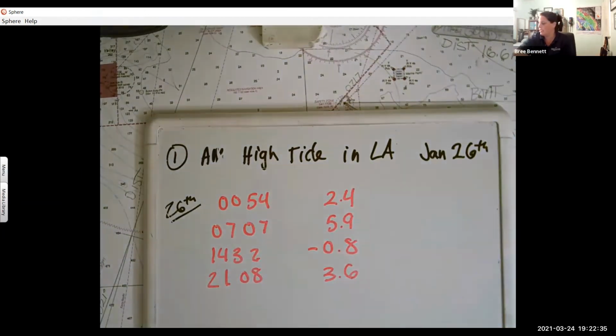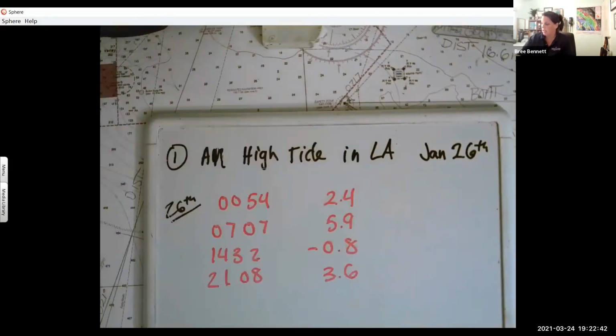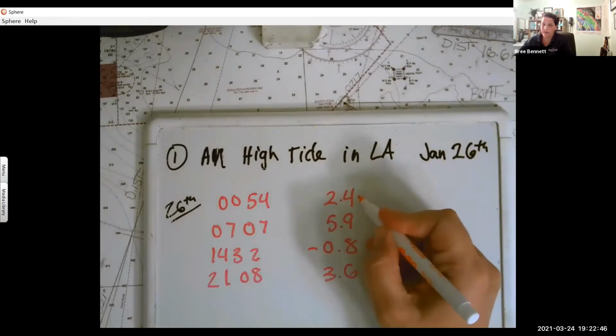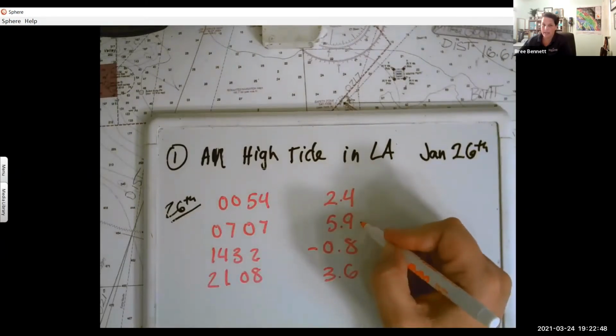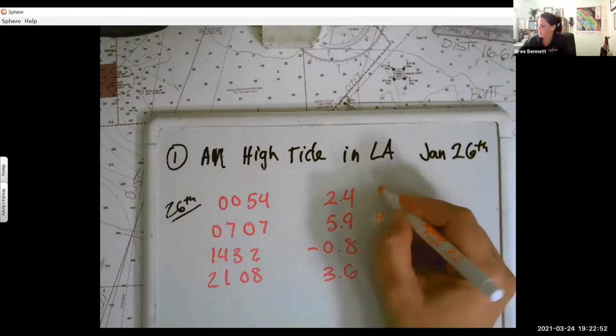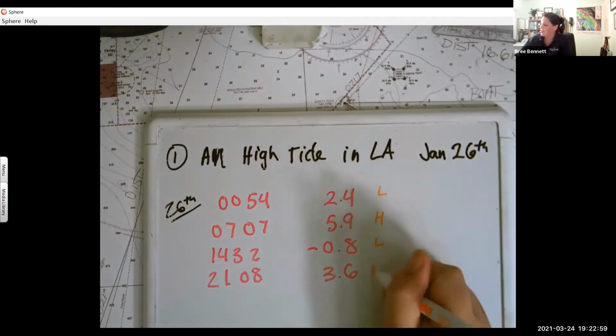So they asked us, what is the AM high tide? So if this is 2.4 and this is 5.9, this is going to be high, this would be low, this one would be high, low, and then this one would be high.